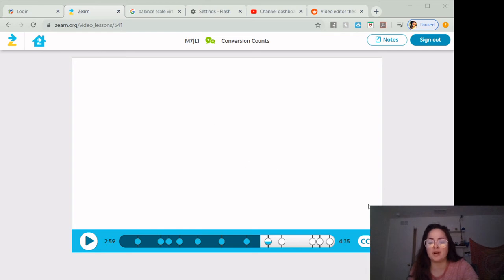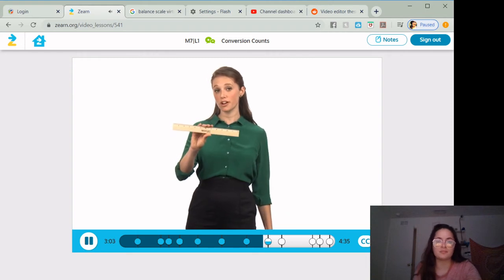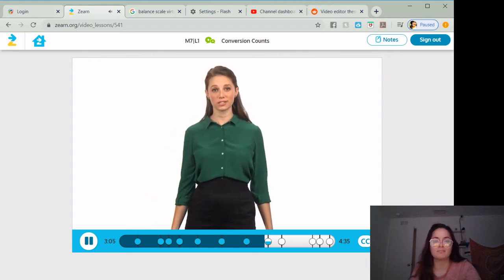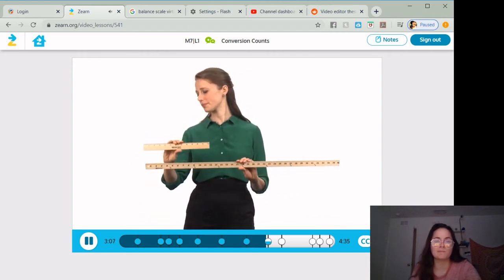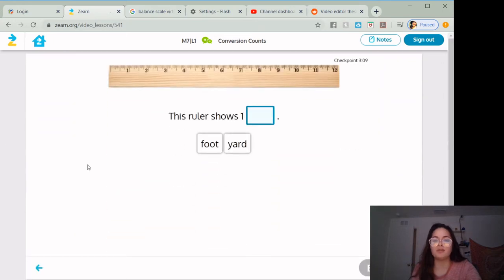So now we are going to be investigating yards and feet. So we're going to go back to the Zern video to kind of help us do that. This yardstick and this foot ruler are examples of customary units. Let's compare them. Okay, so looking at this ruler, what is this ruler showing us? Is it showing us 1 foot or 1 yard?